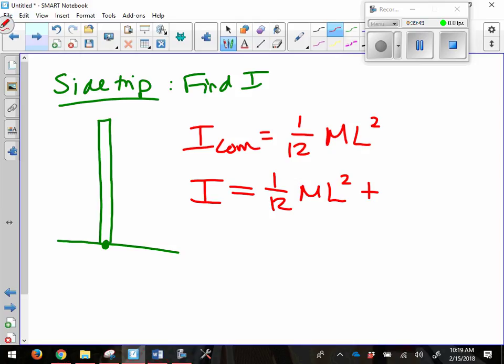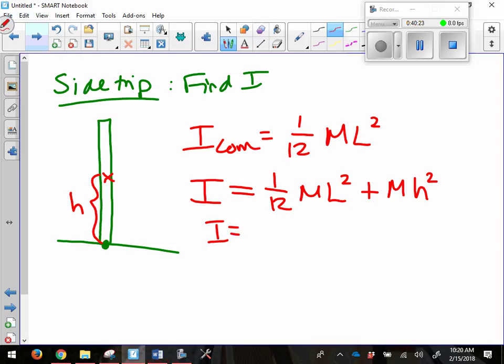Yes, we just discussed how I would never ask you to memorize anything in that table. mh squared. What's h? To the center of mass. So if this is my center of mass and that's my rotational axis, that's h.